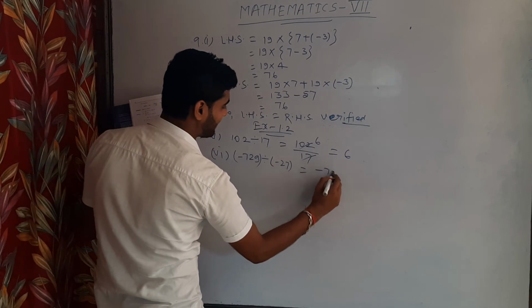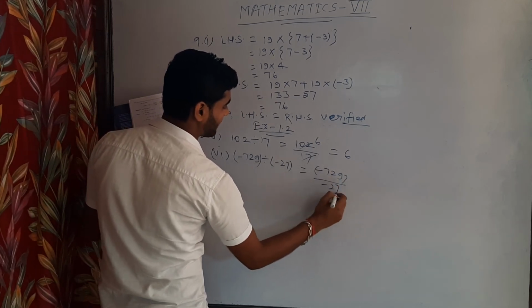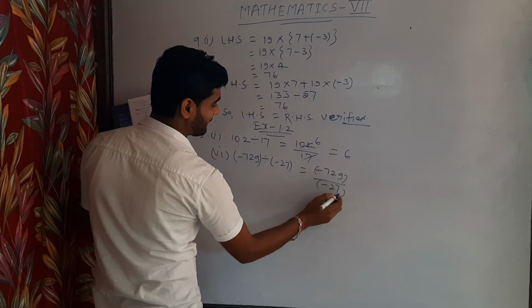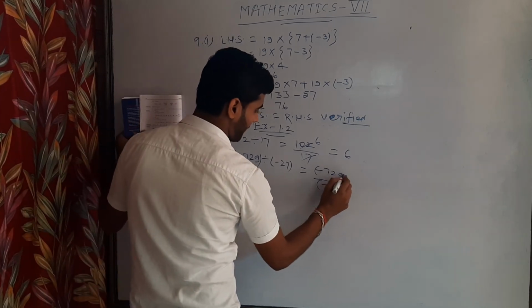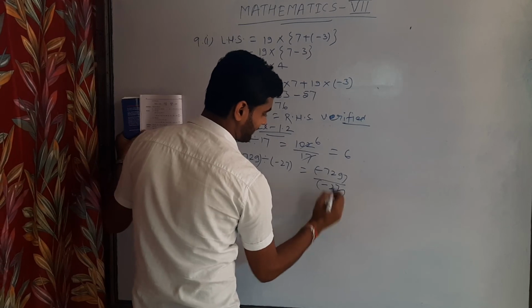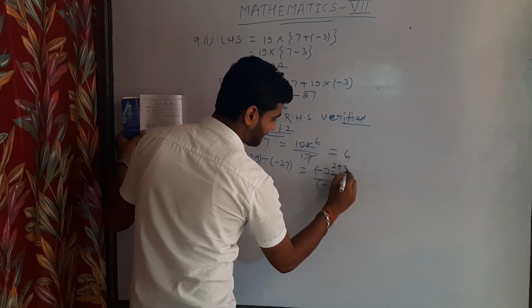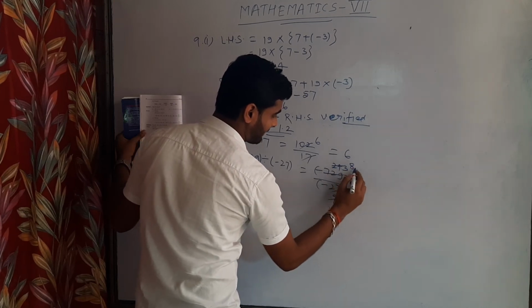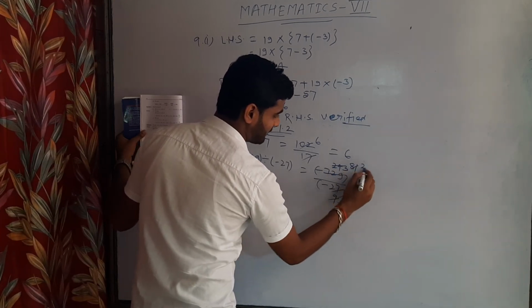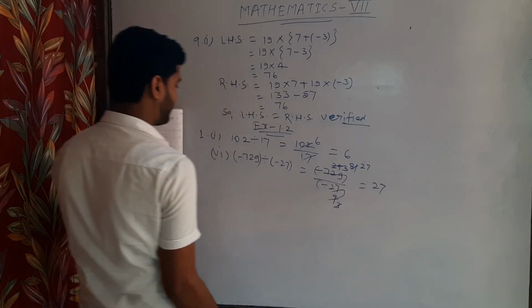So we write minus 729 by minus 27. Minus and minus get eliminated. 27, we have to cut by 3. 3 9s are 27. 243 3s are 729. 3 3s are 9, 3 8s are 24, 3 1s are 3, and 27 3s are 81. The result is 27.